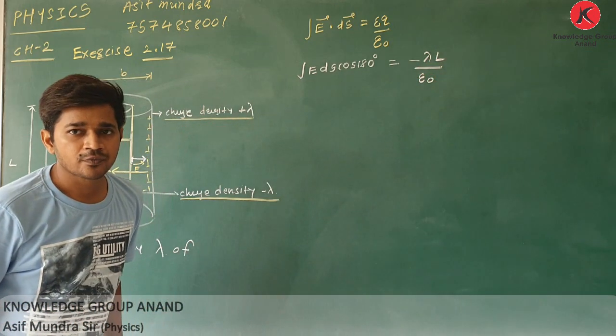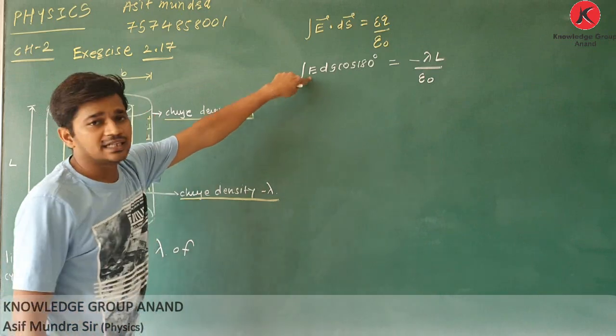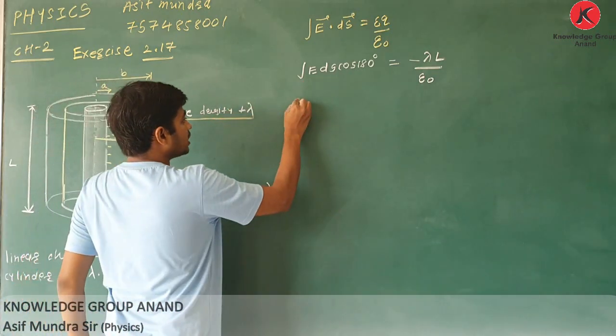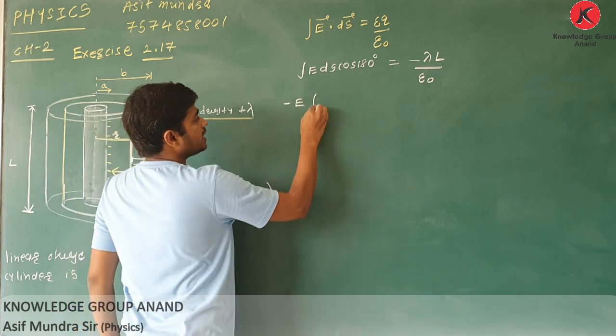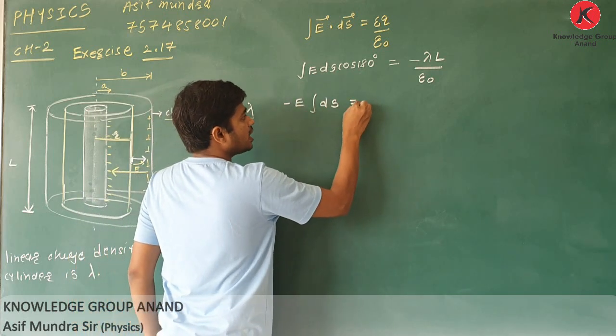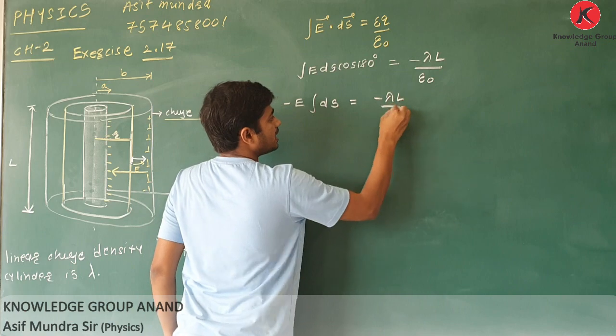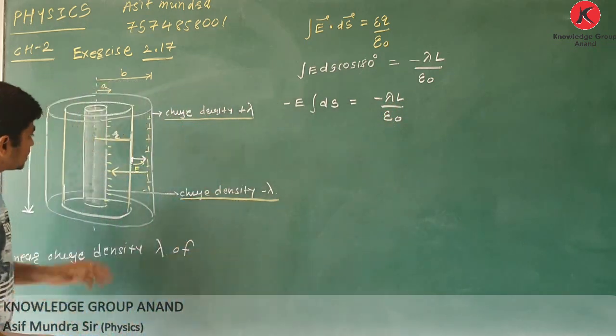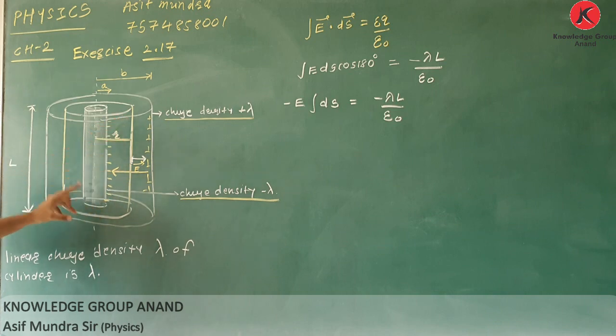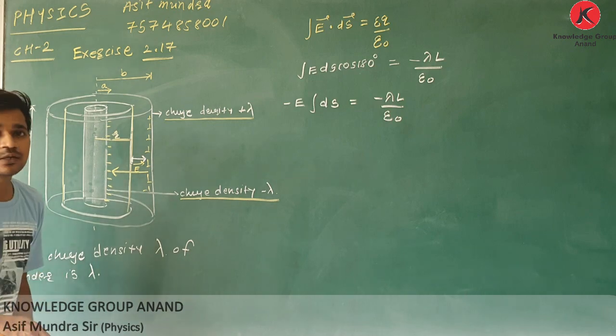Clear about this? Okay, now E, that is the electric field, is constant, so it is out of the integration. Cos 180 means it is minus, and here integration ds is equal to minus lambda L upon epsilon 0. Now integration ds means the surface area of this Gaussian surface. It is one cylinder of radius r and length L. Then what is its surface area?